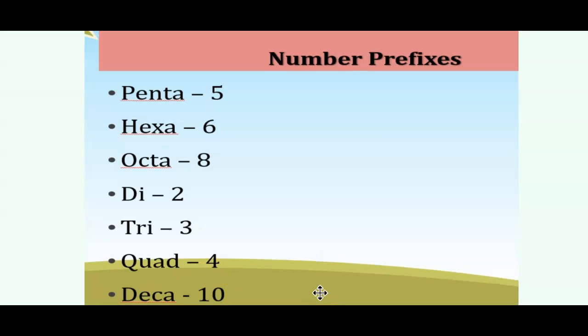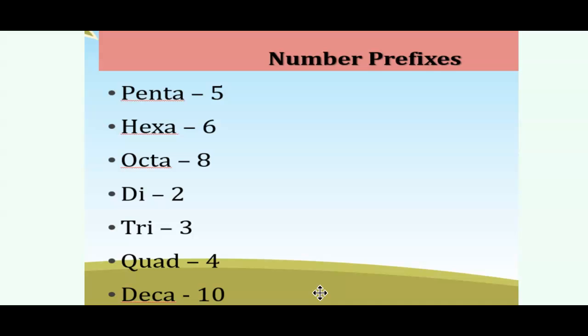This time, let's go a little faster and you say the prefixes with me and hold up that amount of fingers. Are you ready? Here we go. Penta 5, hexa 6, octa 8, di 2, tri 3, quad 4, deca 10.